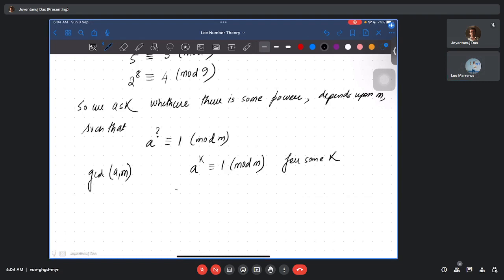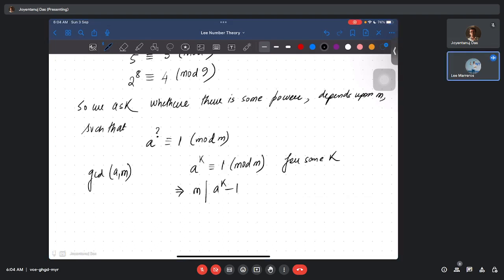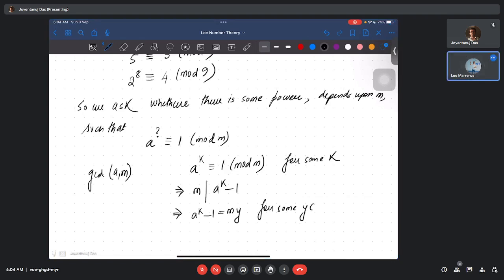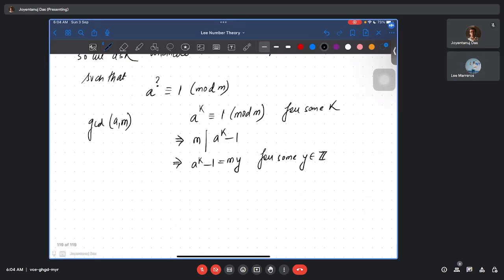Then this implies that m divides a power k minus 1. So a power k minus 1 is equal to m times y for some integer y. So a power k is equal to my plus 1.